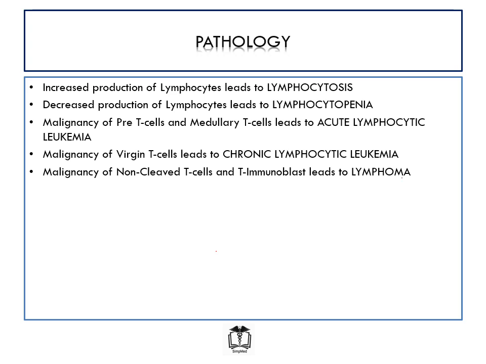And in the case of malignancy of a virgin T cell found within the bloodstream, this could lead to a chronic lymphocytic leukemia. The difference is that the pre-T cell and medullary T cells are usually immature, so that's the reason why they present as acute lymphocytic, whereas the virgin T cells are almost mature cells, and hence the reason why they tend to cause a chronic lymphocytic leukemia.